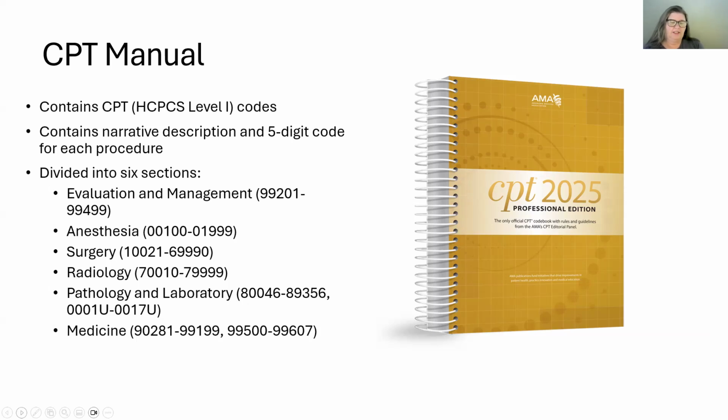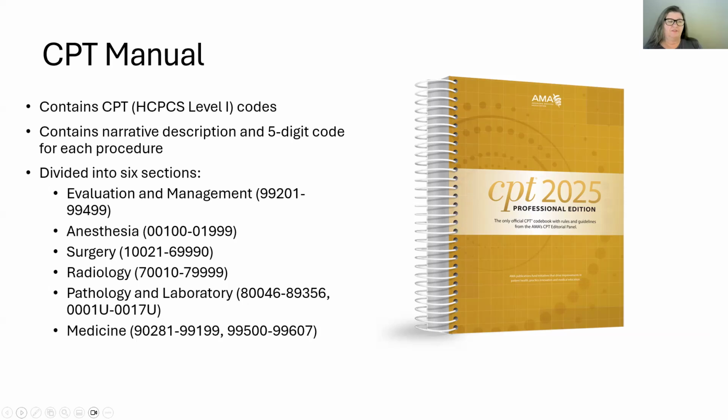Now, CPT coding or procedural coding, you will find, is very specific and very consistent, I guess, all the time, where the majority, 99% of them, have 5-digit codes for every procedure. It's always 5 digits.